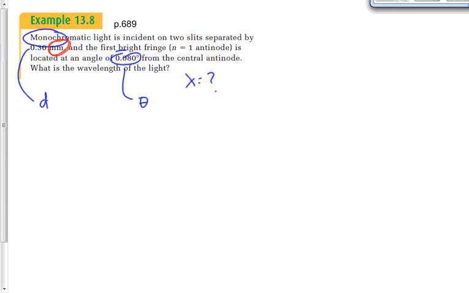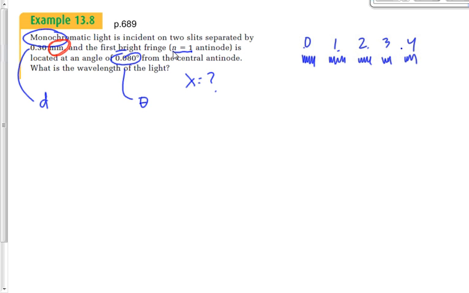Now here they tell me n is equal to 1. I don't want you to use the value that they have written down. Here's why. If I draw out the bright fringes here: first central bright spot, first bright spot, second bright spot, third bright spot, fourth bright spot, and so on, they're labeling n is equal to 1 as these values, not as the difference.